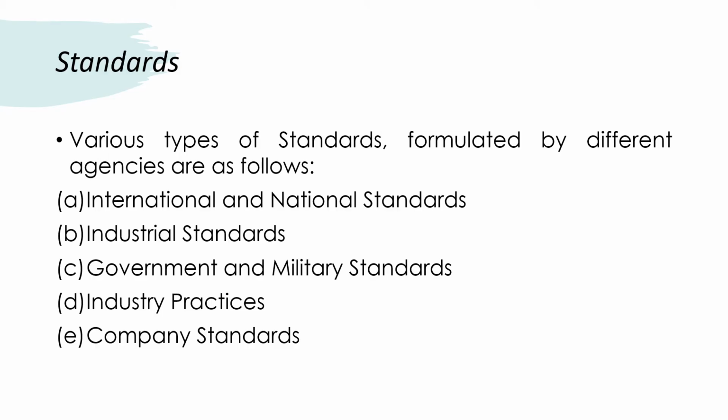In the standards there are various types of standards which are formulated by different agencies, and the agencies are as follows. There are 5 agencies. Number 1 is international and national standards. Number 2 is industrial standards. Number 3 is government and military standards.